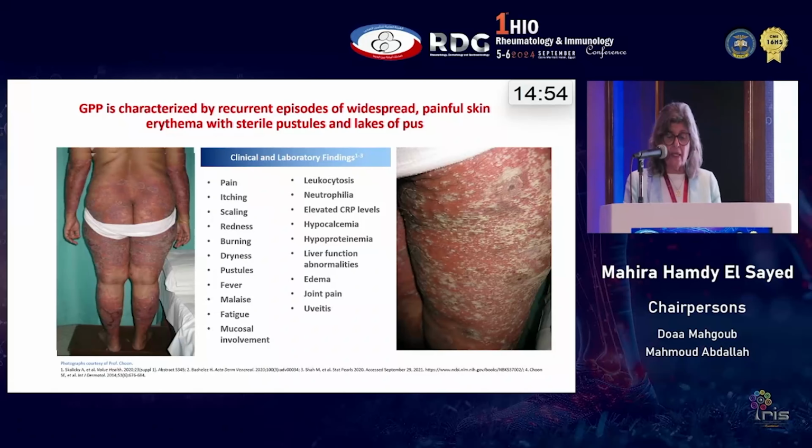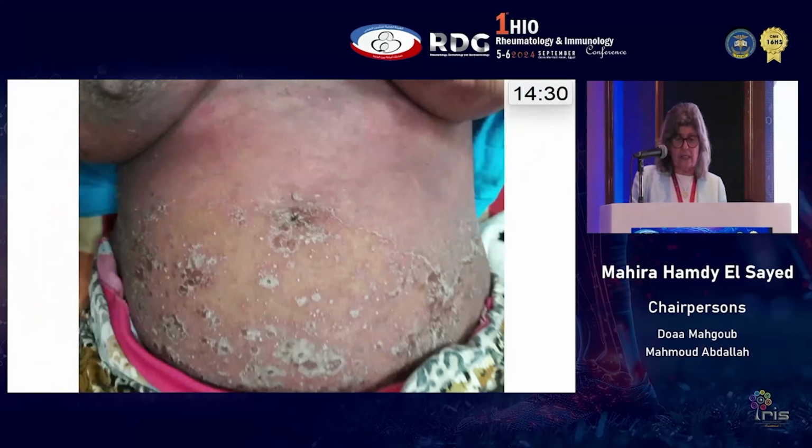So basically, it is characterized by recurrent episodes of widespread painful skin, having pain, itching, scaling, redness, burning, dryness, and also patients may have leukocytosis, neutrophilia, high CRP, hypocalcemia, hypoproteinemia. We have liver affection. We have sometimes up to cholangitis, edema, joint pain, and uveitis.